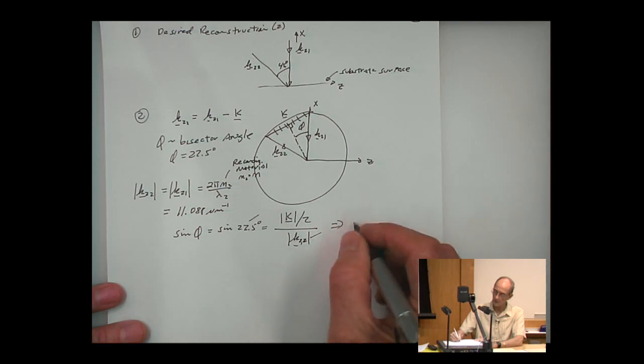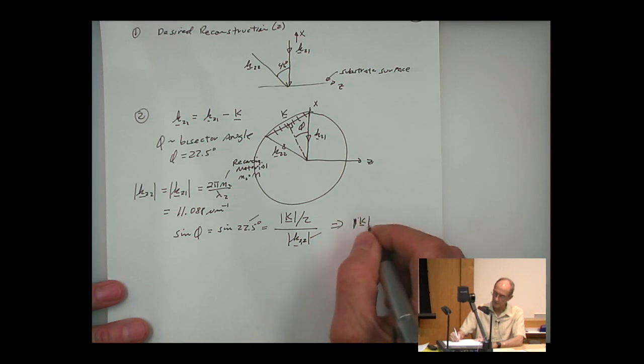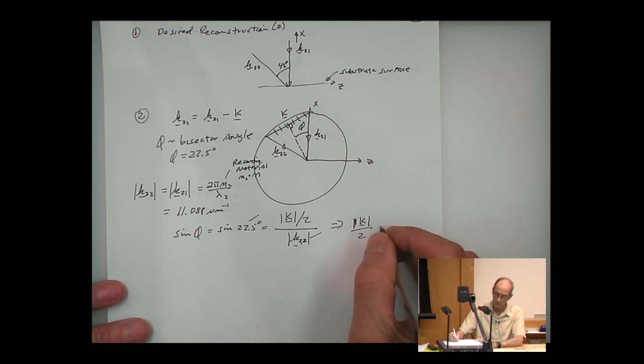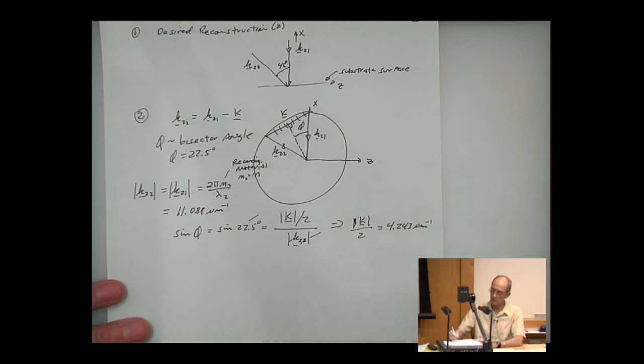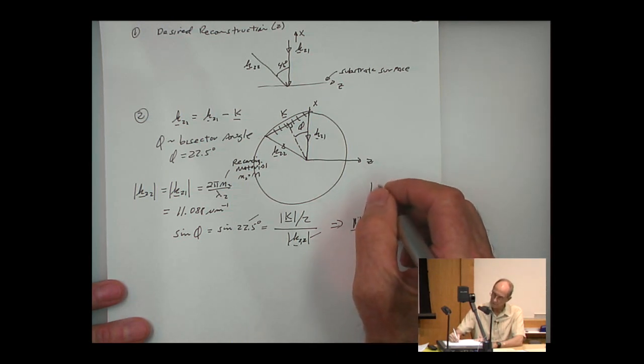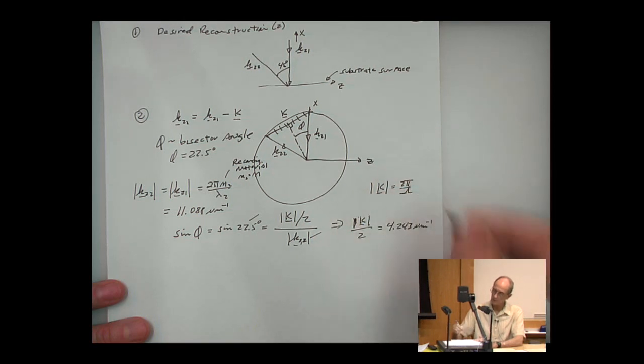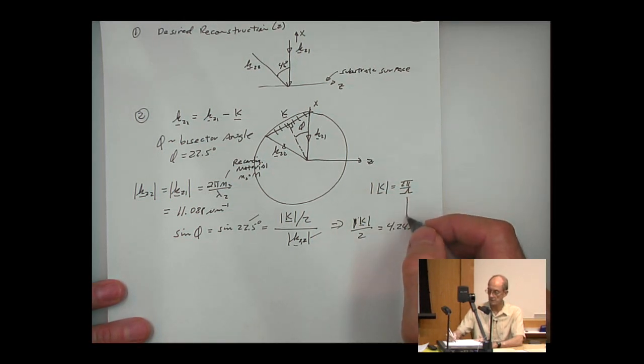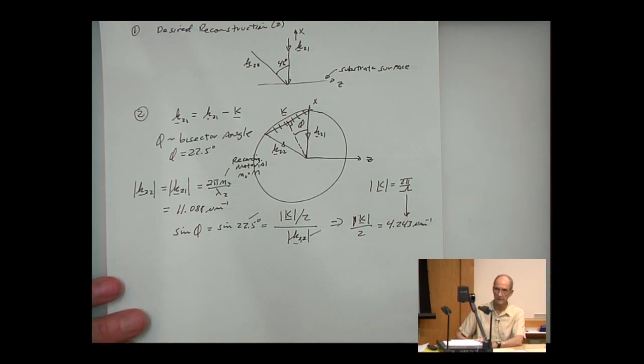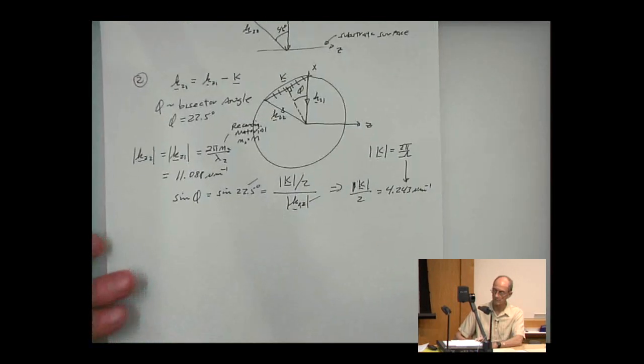This tells us now what the grating vector is, or I guess I just did half of it here, but K over 2 is now equal to 4.243 inverse microns. Remember, K is 2 pi over the period. So if I asked you for the period, you can also get the period from that number as well.